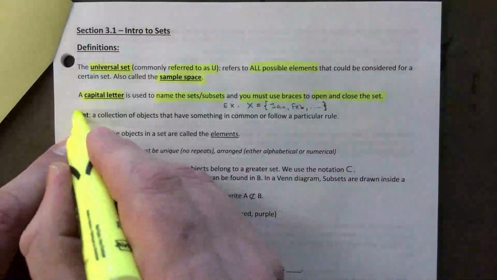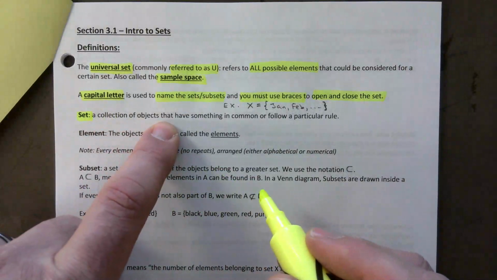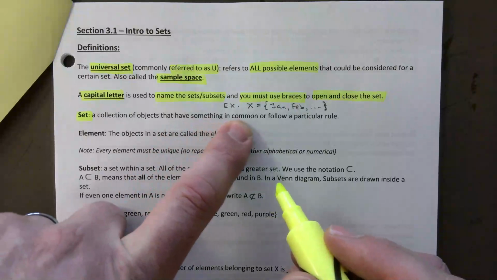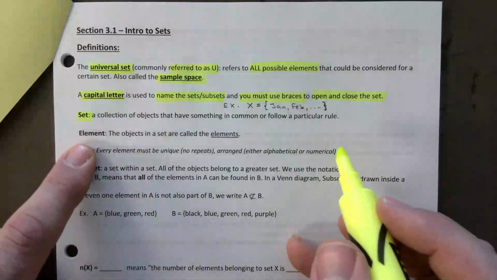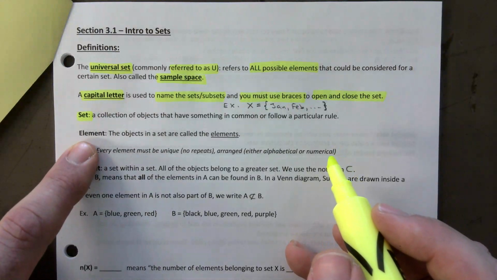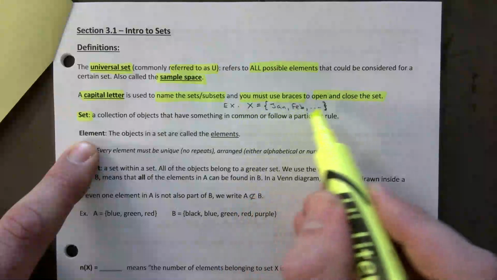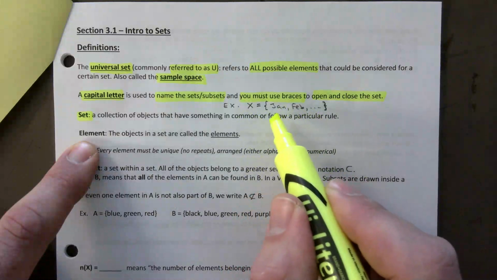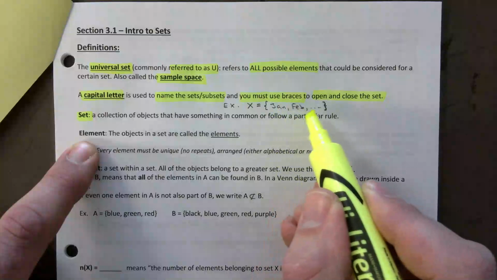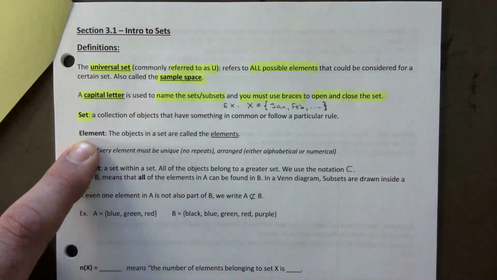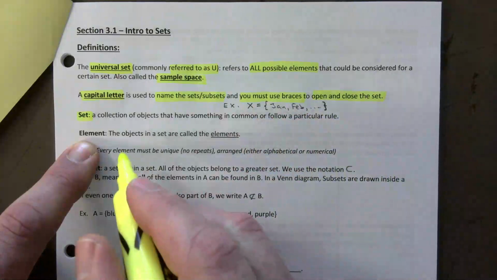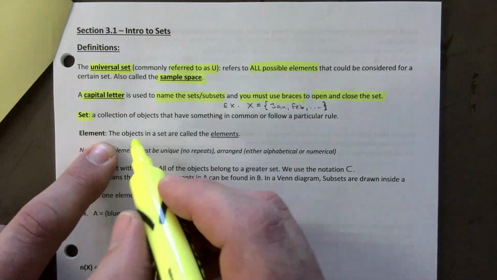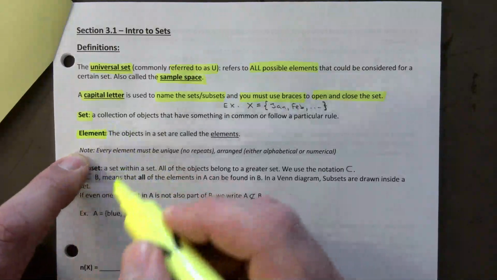A set is a collection of objects that have something in common or follow a particular rule. So for this set, the rule would be that it's the months of the year. Sometimes it'll just tell you what it is, and then you have to make it. Element: this is very important.